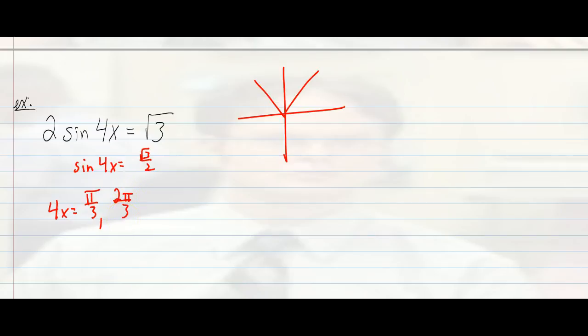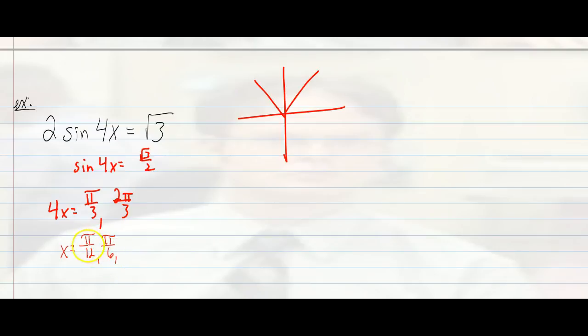But here's where things start to get a little bit different. The 4x is going to be significant for us, because it's not just x equals, it's 4x equals. So if we divide the left side by 4 and divide the right side by 4, we get one answer of x equals pi over 12. And if we divide the right side of this one by 4 as well, we get 2 pi over 12, which simplifies down to pi over 6.